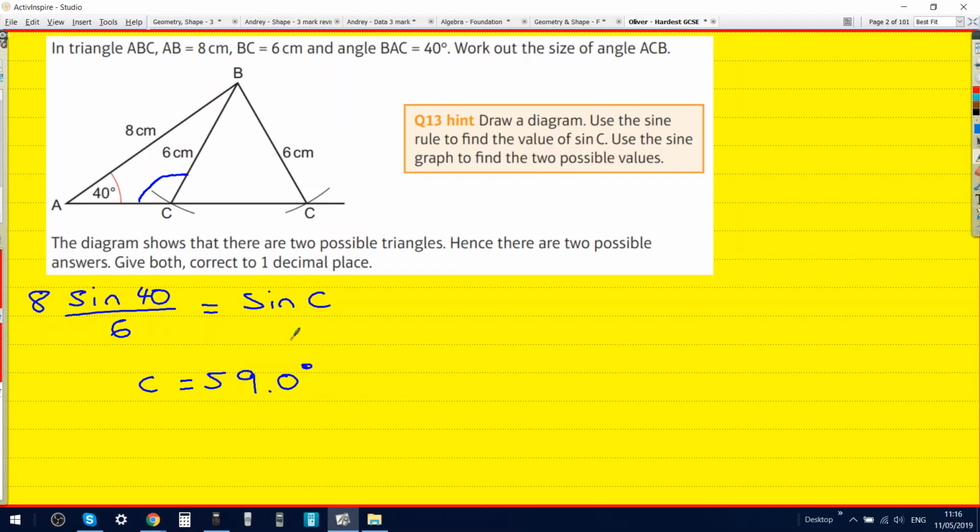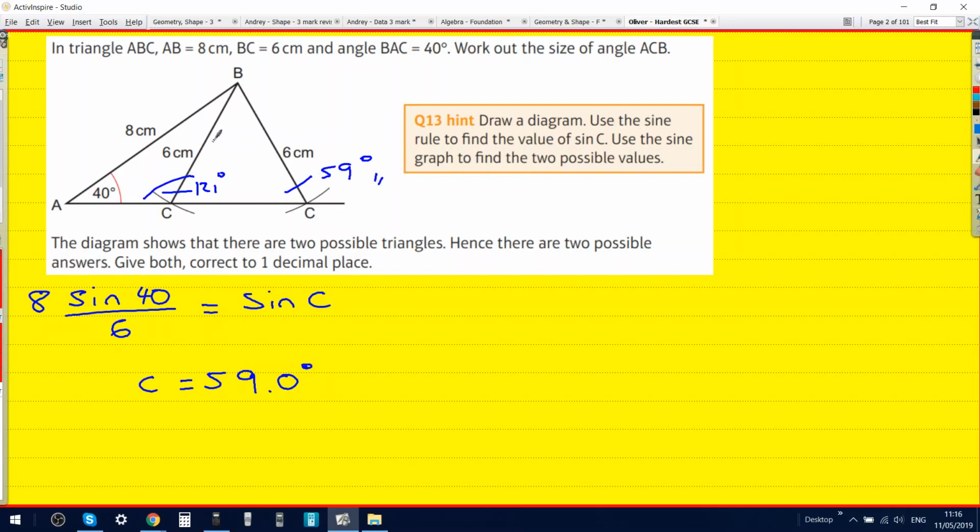Yeah, so the fact that it's an isosceles means that the other side will be the same. You just do 180 take away that. So 180 take away 59 is 121. So this one here is 121 degrees, and this one here is the 59 degrees.